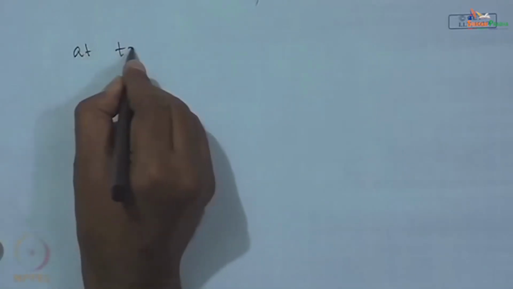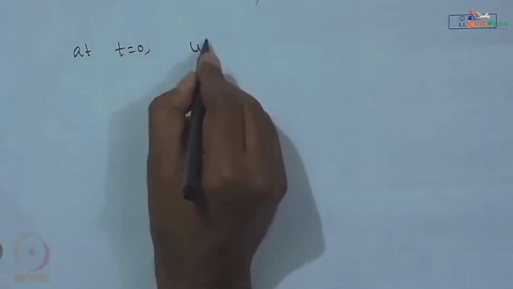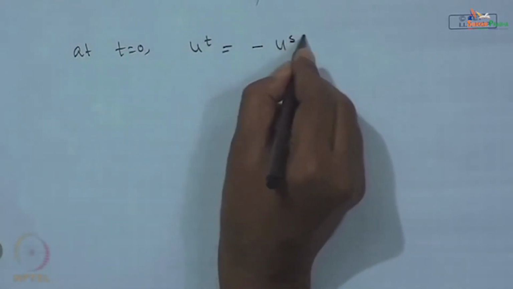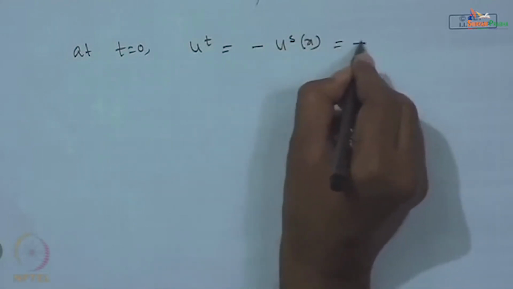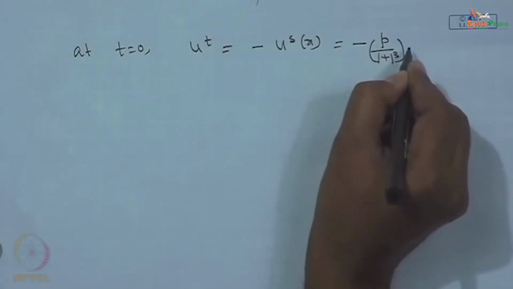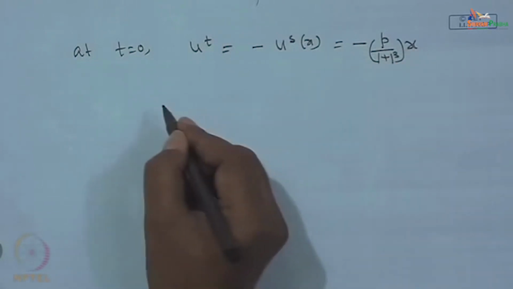So, now let us evaluate the C n from the initial condition. If you remember the initial condition of this time varying part, at t is equal to 0, my u t was nothing but minus of the steady state solution. So, it was minus p divided by 1 plus beta times x.